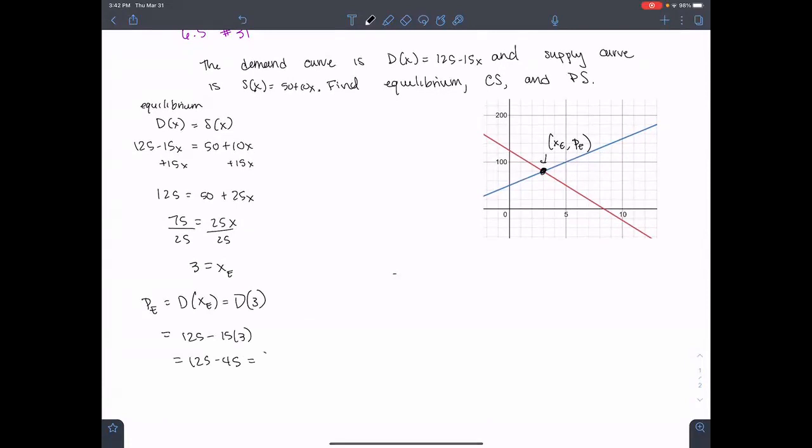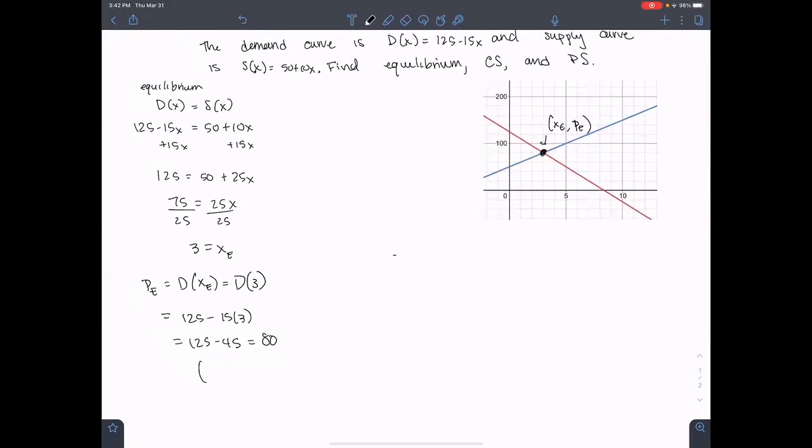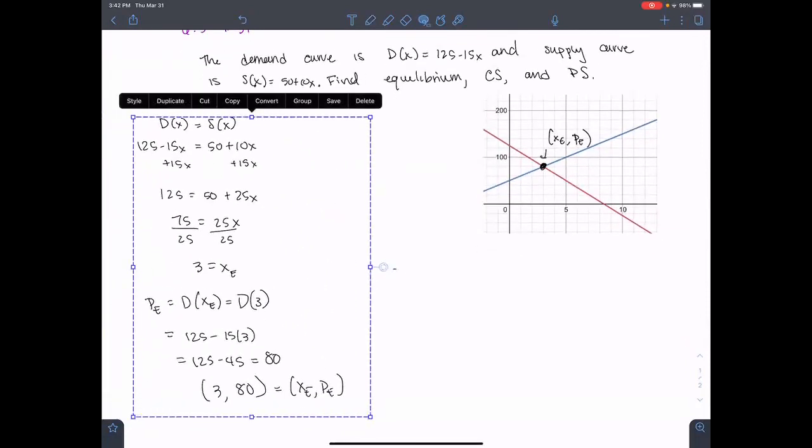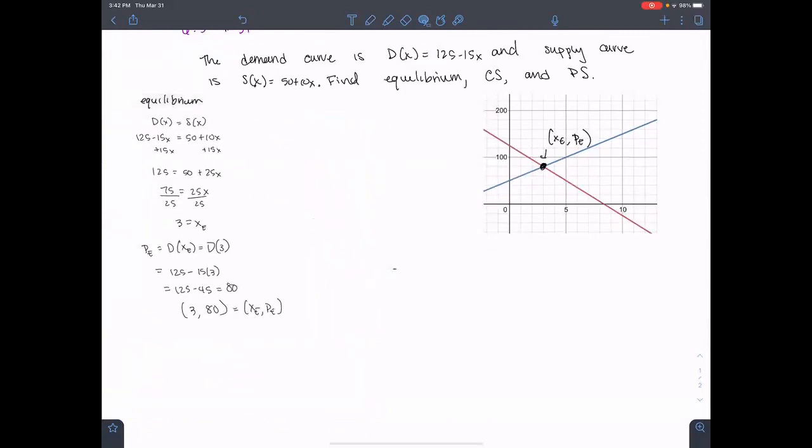Confirm, yes. So our equilibrium point is (3, 80). That is x sub e, p sub e. Okay, so that answers the first question about the equilibrium point. So we've done that.